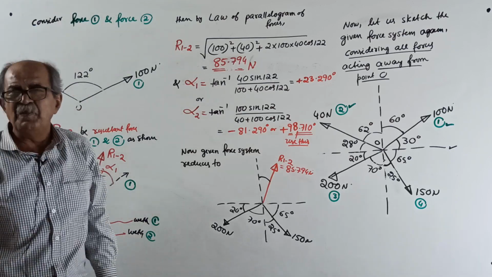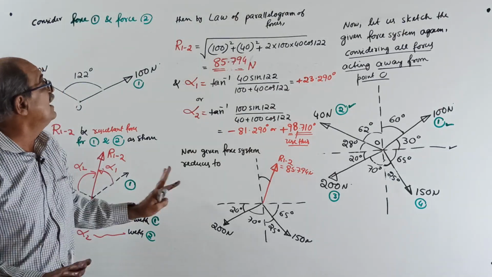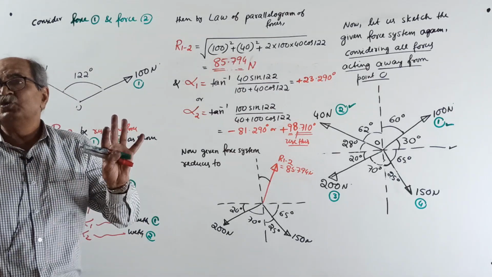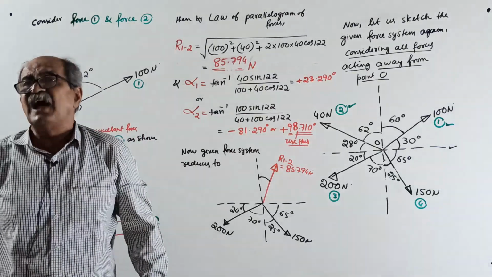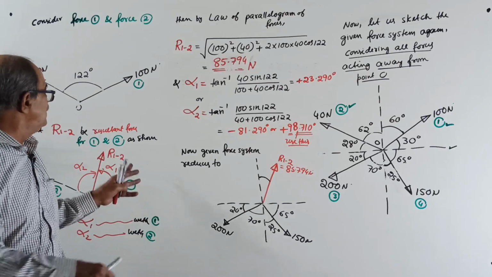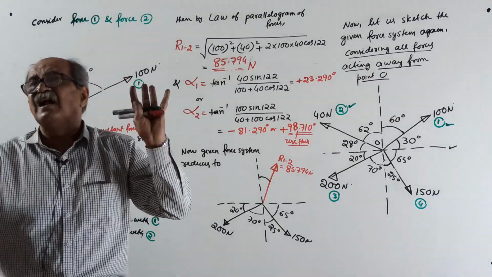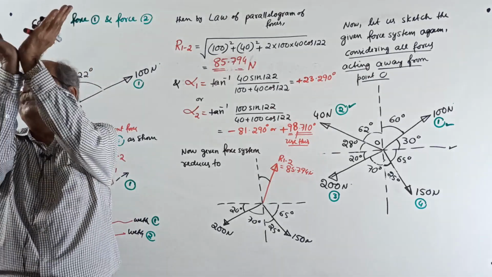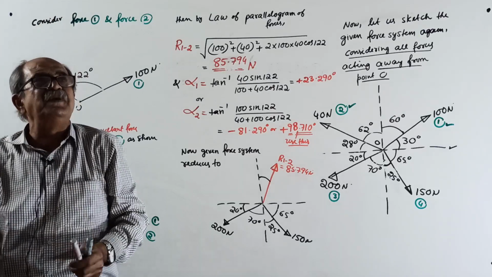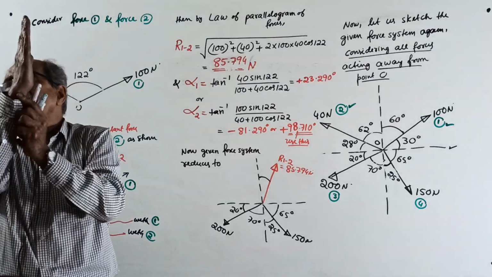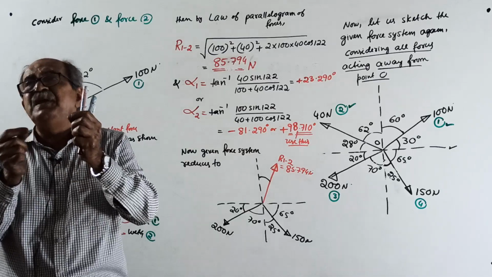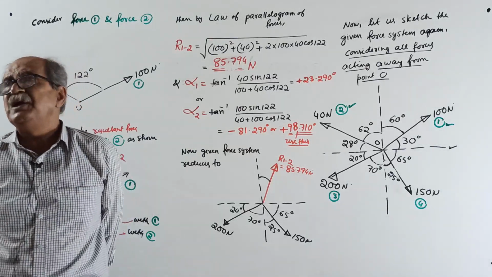These have been told so many times. Those who want, once again write the star. Put a sketch showing P1, P2, angle theta between them, mark the resultant R, with force P1 at alpha 1 and force P2 at alpha 2.